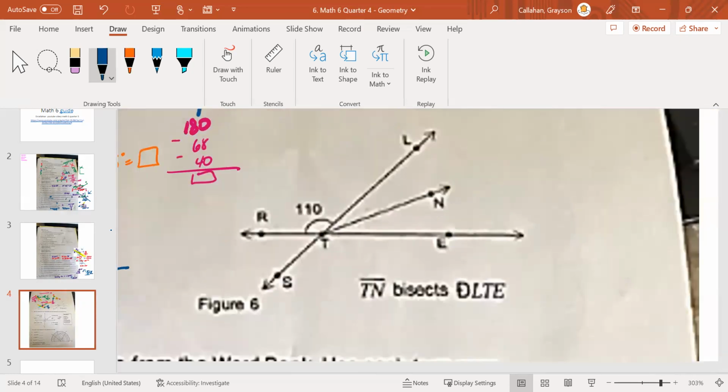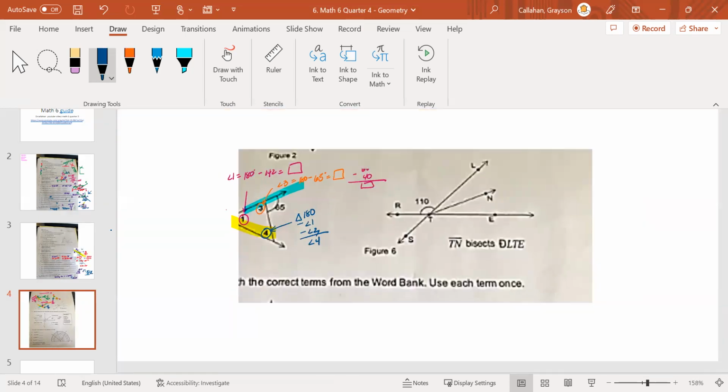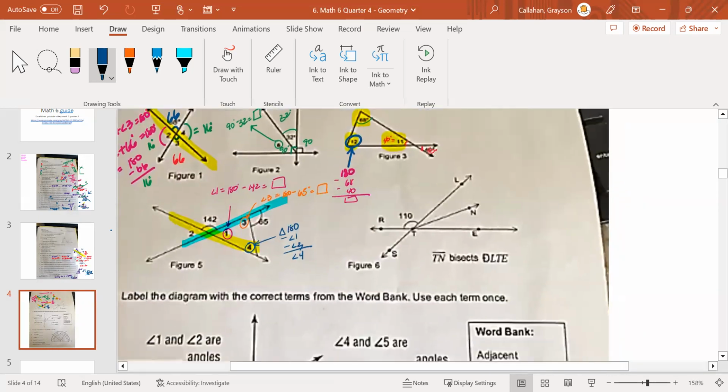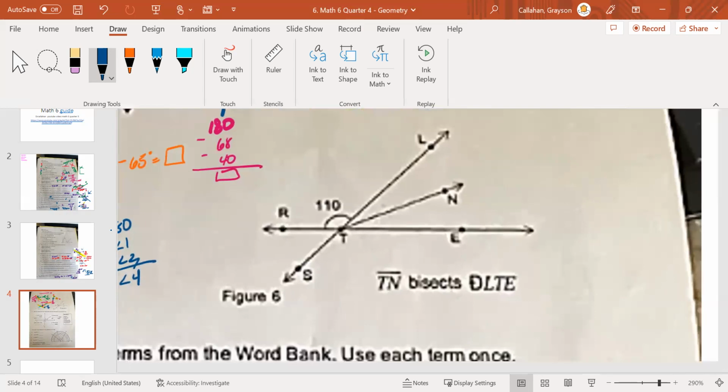All right, figure 6. What are we finding for figure 6? It doesn't say anything. I don't know what she wants me to do with this. TN bisects angle LTE. Okay, so TN is this one right there, right? If it bisects an angle, that means these two angles are the same, right? Do you see the straight line right there?